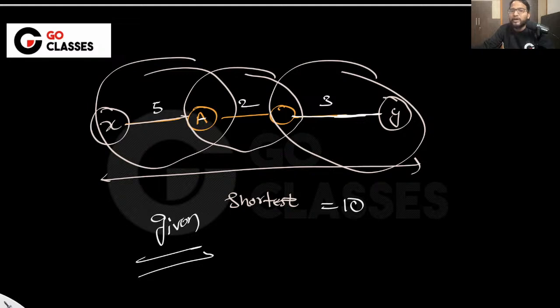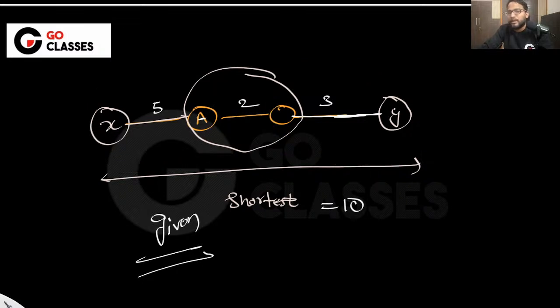Okay, so I hope that is fine, that every piece you pick here is shortest. But vice versa is not true. Which means, let's suppose this is known to be shortest: X to A is known to be shortest, 5, and A to B is known to be shortest, let's suppose this is 4. X to A is shortest and A to B is shortest.